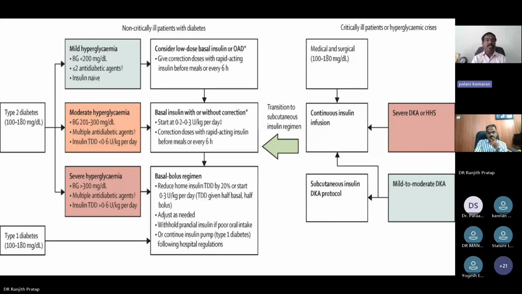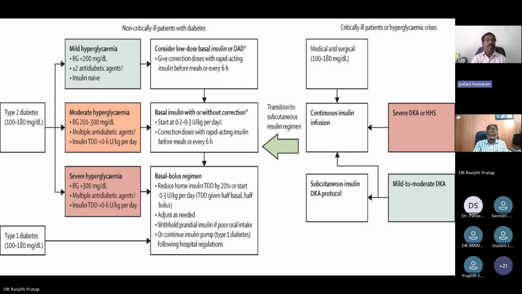For this group of patients, we can utilize OAD with correction doses as may be needed. And usually the dose required for basal insulin initiation is 0.2 to 0.3 units per kg per day, with correctional doses of either rapid acting or short acting insulin every 6 hourly. How we are going to calculate the correction doses, I will be coming to in the future.